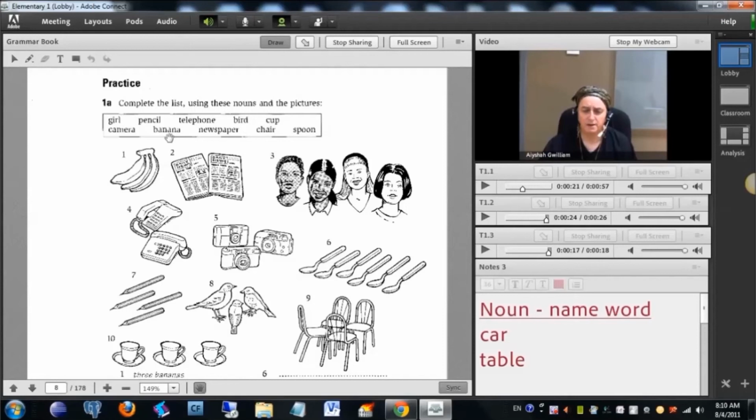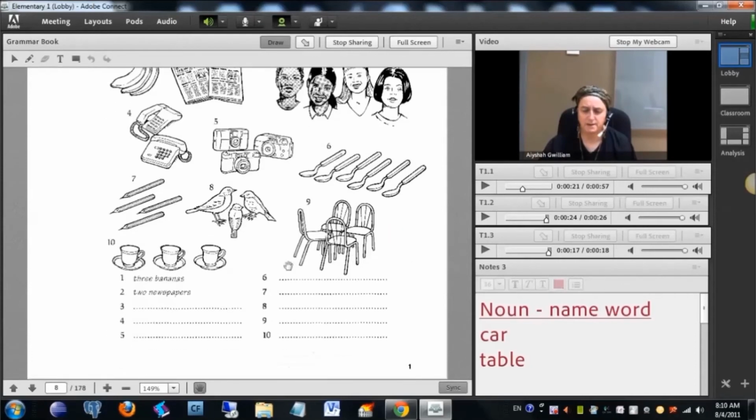And this one, we have a newspaper, but we have 2 newspapers. So we write 2 newspapers. Make sure you make that sound S. Down here, there are the answers for the first 2. Number 1, 3 bananas. Number 2, 2 newspapers. Put the S on the end.